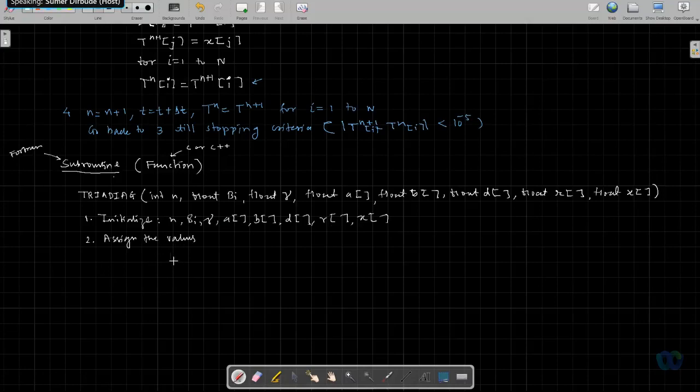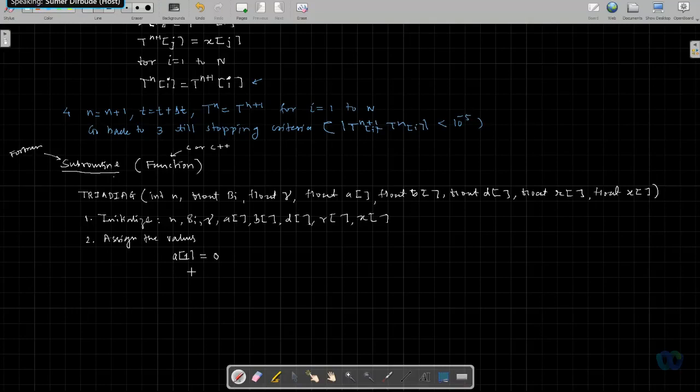So I'm assigning the values now. So A1, what is my A1 in the matrix? That you have to assign. So we have seen that A1 is 0 in our case. Okay, we already solved that problem and we obtained a matrix, right? That 1D unsteady heat conduction problem. There we got the proper terms with gamma and all this.